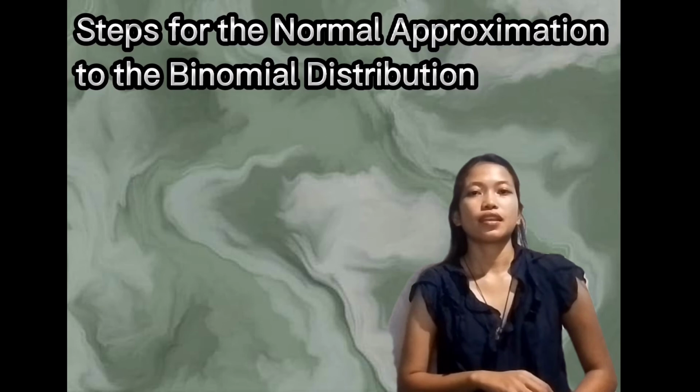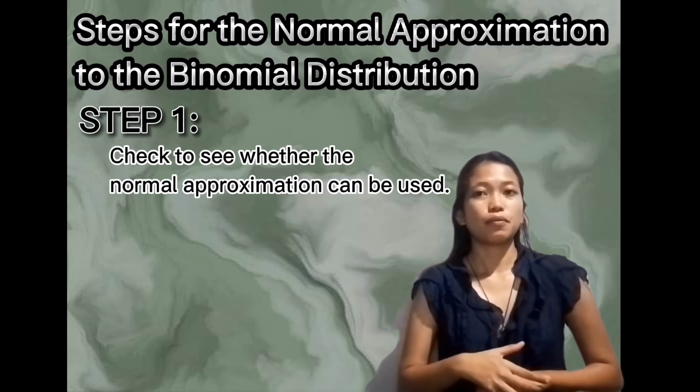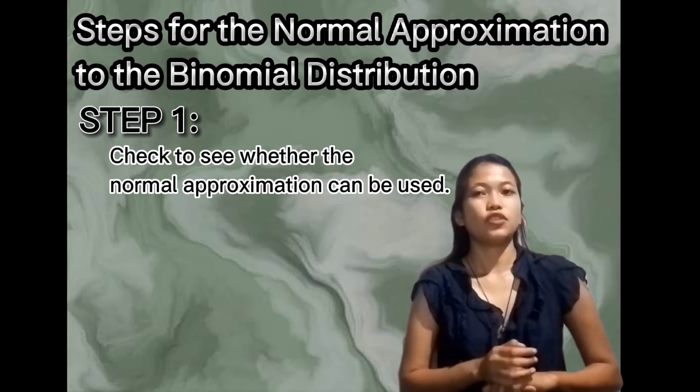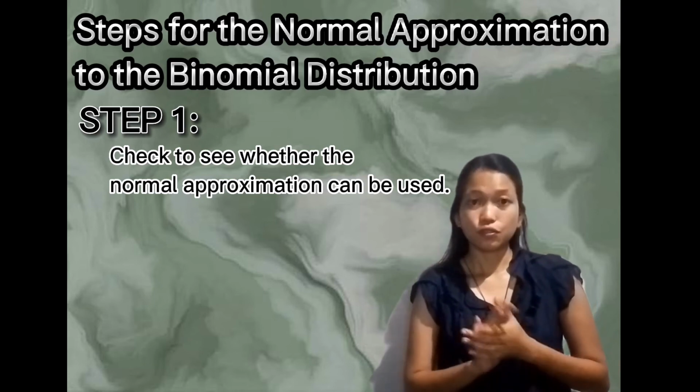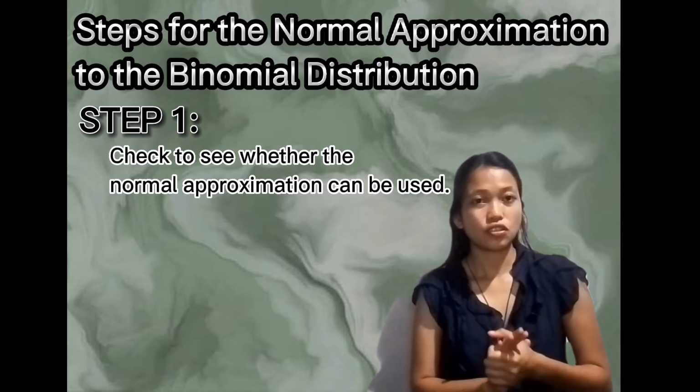So to solve for the normal approximation to the binomial distribution, we should follow these steps. Step 1. Check to see whether a normal approximation can be used. How can we determine when to use a normal approximation?